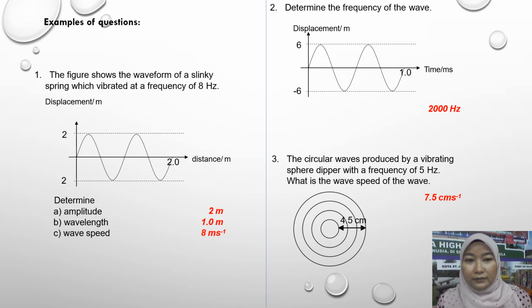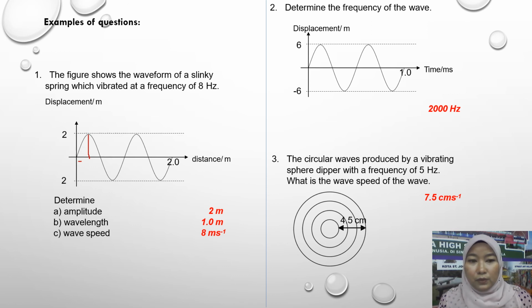Exercise number 1. The figure shows the waveform of a slinky spring which vibrates at a frequency of 8 Hz. This is a displacement-distance graph. Determine the amplitude. The amplitude is here. So the amplitude is 2 meter, which we get from the y-axis. Determine the wavelength.